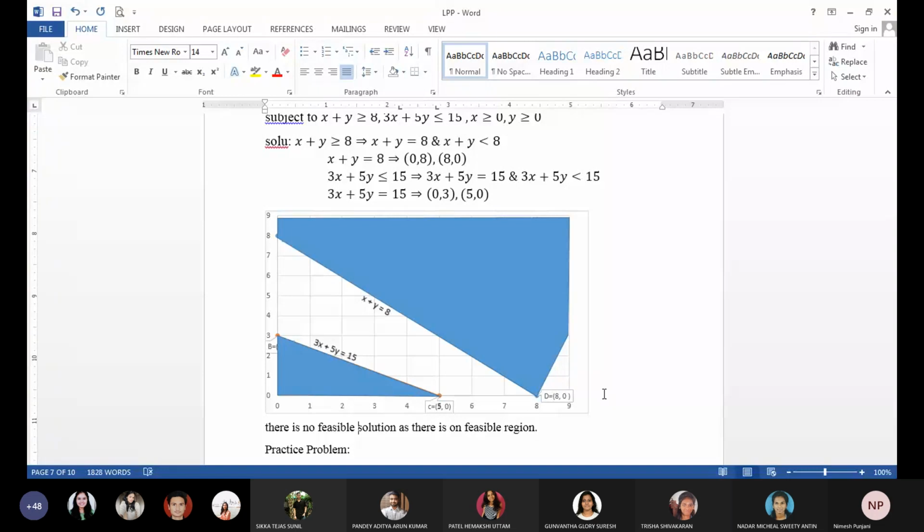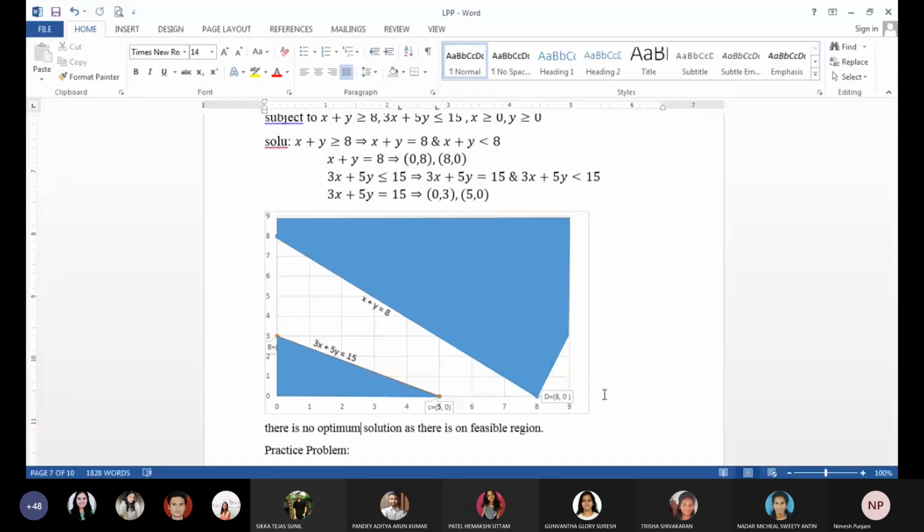Write feasible solution or optimum solution. There is no optimum solution as there is no feasible region. Okay, no feasible region was found, so there is no optimum solution.